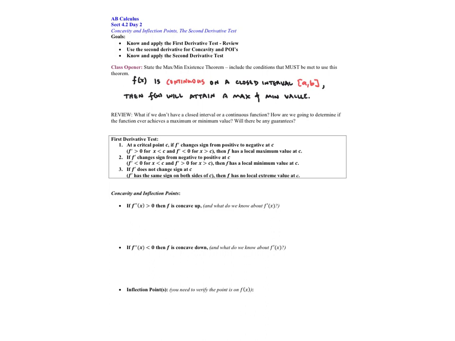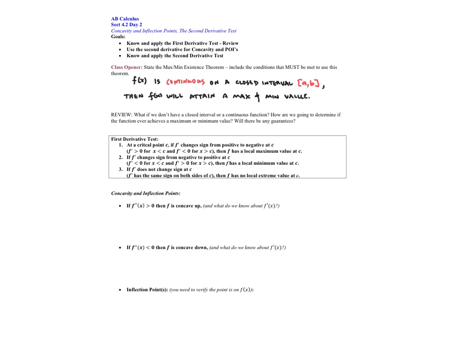To answer our review question below, if there isn't a closed interval or a continuous function, how are we going to determine if the function ever achieves a max or min value? Well, then we have to dig into it a little bit more and look at what the function looks like on that interval. There's no guarantees at all. We just need to make sure we are able to diagnose the situation through observing it graphically.